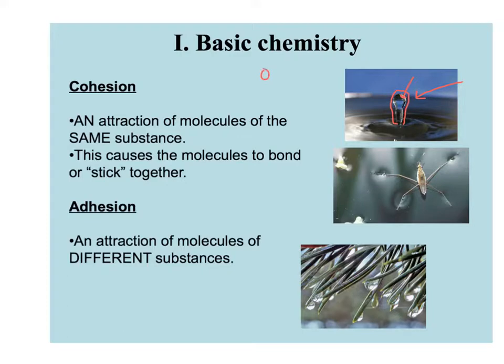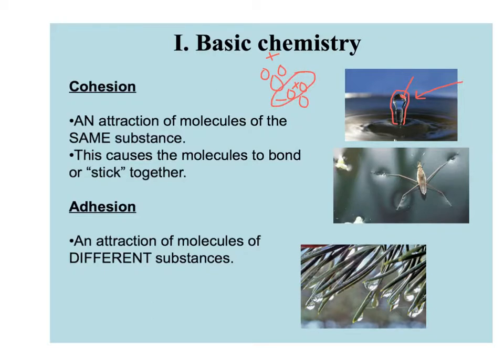For each water molecule, remember, you got a negative side and you got a positive side. Well, the negative side of one water molecule is going to be attracted to the positive side of another. So they kind of stick together. Opposites attract. So the negative and the positive, they bond together in a weak hydrogen bond.